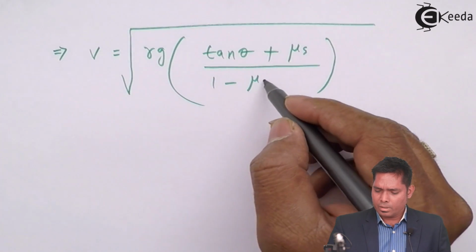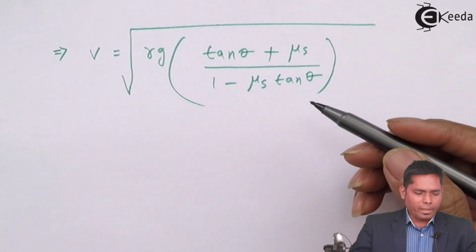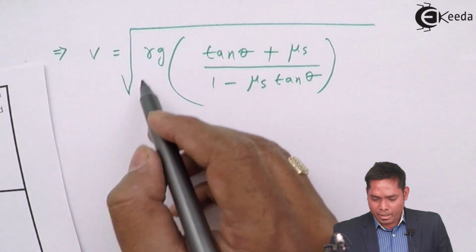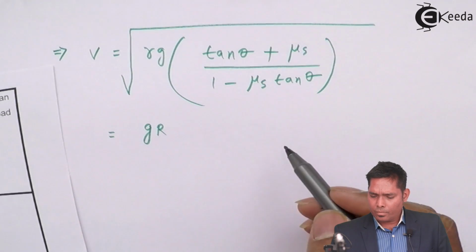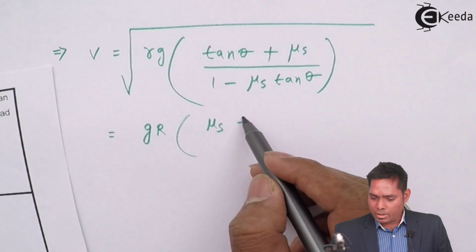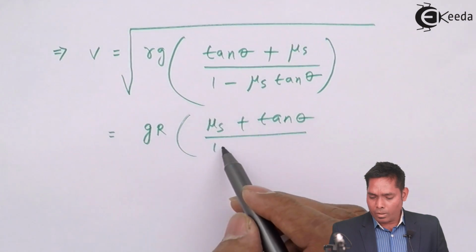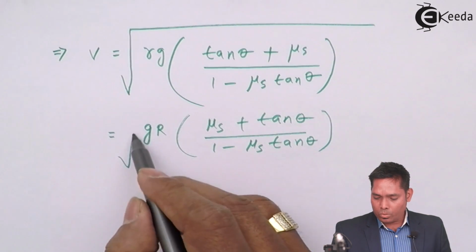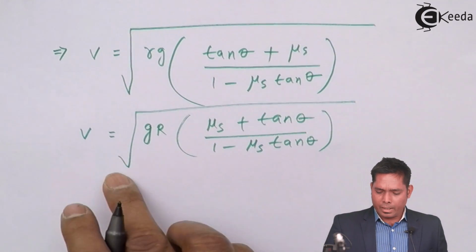So it is mu s tan theta. So finally, if I write capital R, because the question has capital R, it will be gR bracket mu s plus tan theta divided by 1 minus mu s tan theta, under root. This is the formula for v that I am getting here.